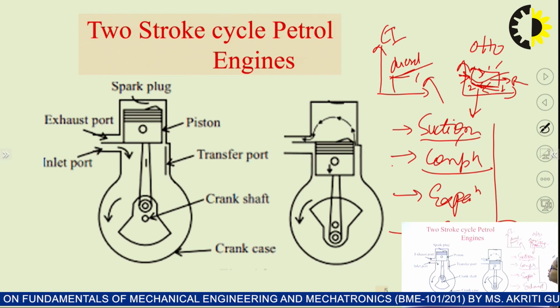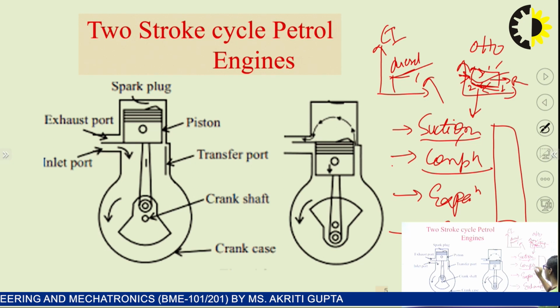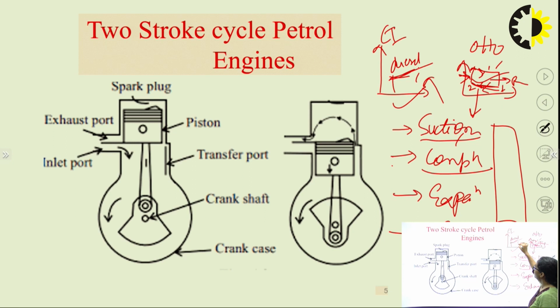But when it comes to a two-stroke engine, it becomes quite complex to understand the working, because the number of processes is still the same. If there is a CI engine, then the cycle will be the diesel cycle, and if there is an SI engine, the cycle will be the Otto cycle. So there is no change in the thermodynamic cycle of the engine. There is one change, that is the movement of the piston.